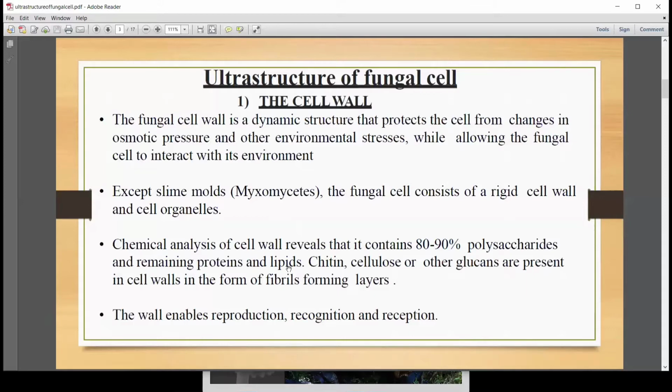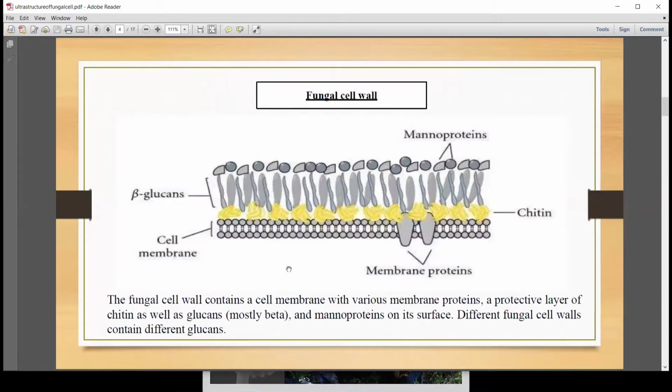Chitin, cellulose, and other glycans are present in the cell wall in the form of fibrils forming layers. The wall enables reproduction, recognition, and reception, which play three kinds of role: in reproduction, in recognition of other cells, and in reception of other molecules on the cell wall. This is the ultrastructure of the cell wall.